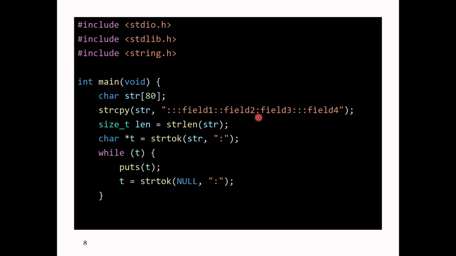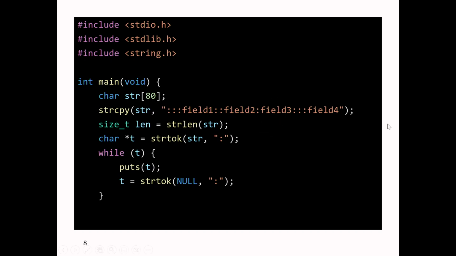So it replaces that colon with a null terminator and returns a pointer to that F. And so you end up getting the string field 2. One more time. It remembers you left off at the colon, so it looks for the first character that's not a colon, finds the F, keeps on going until it finds a colon. So here, it replaces that with a null terminator and returns a pointer to the F from field 3.